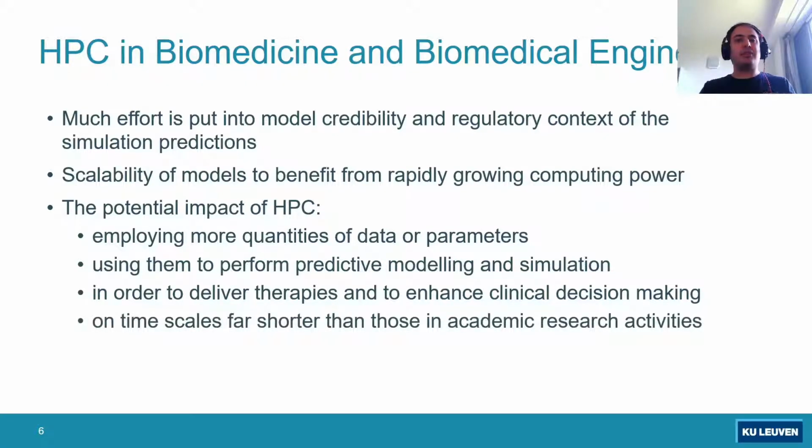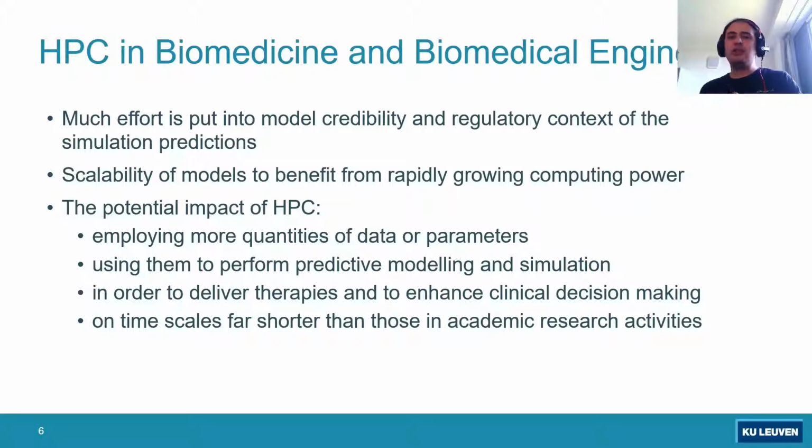But what matters a lot in this regard is that it will be on shorter time scales, which means that we want to employ more quantities of data, and we want to perform simulation on bigger scales, on bigger systems, and enhance the delivery of therapies and decision making.